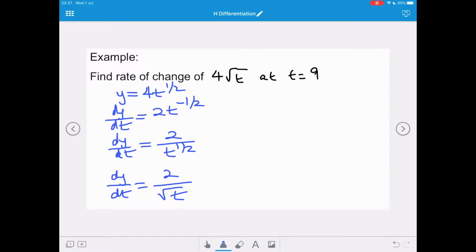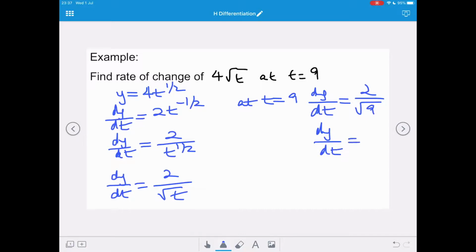And so the rate of change of 4 root t at t equals 9 is going to be dy by dt equals 2 over the square root of 9, giving us a value for the rate of change of 2/3.